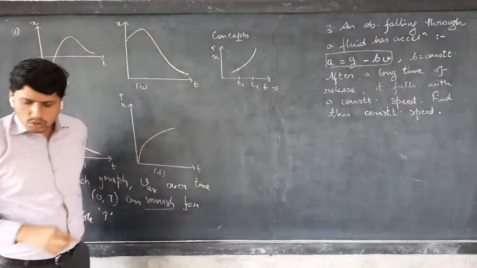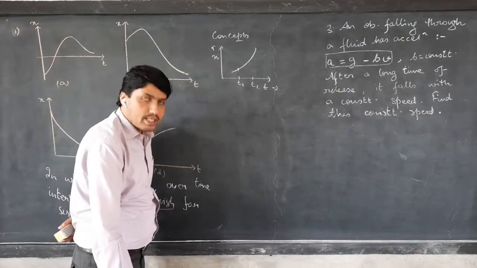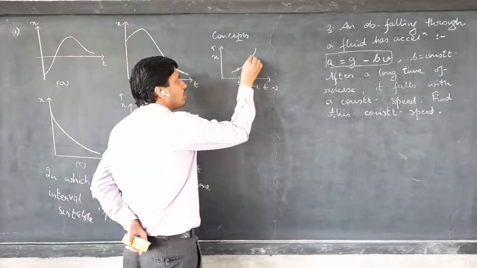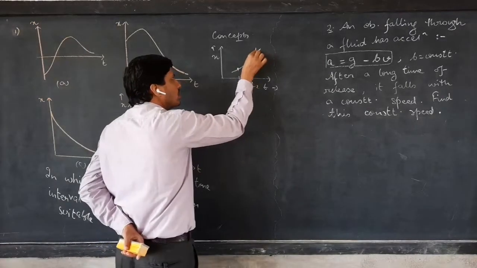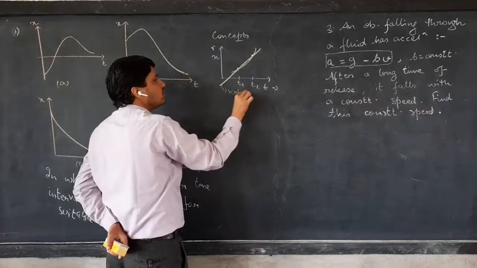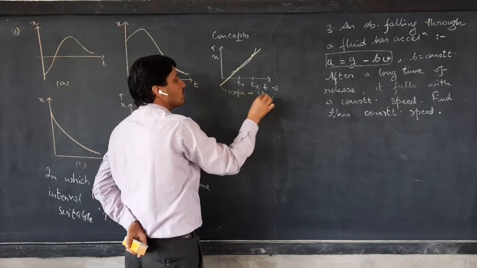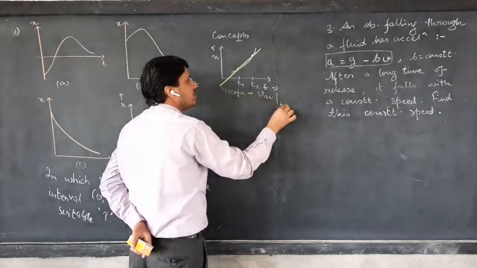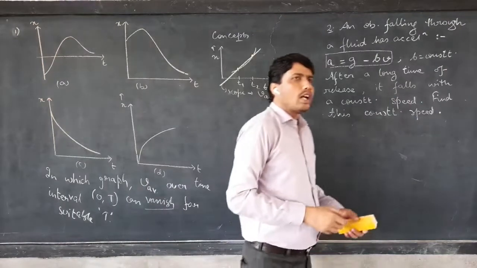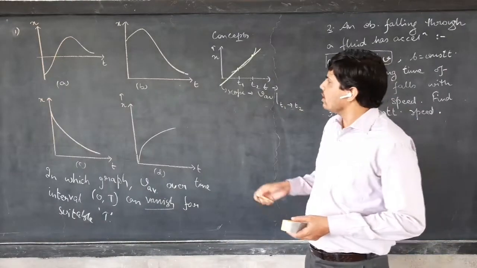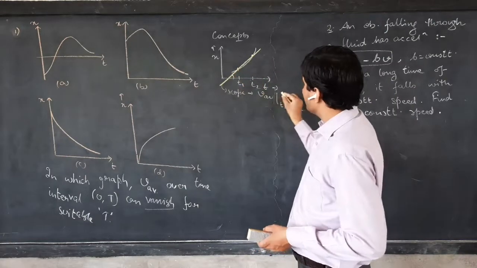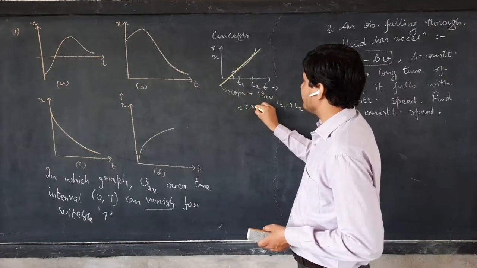So between t1 and t2, if we have to find the average velocity, you find the corresponding points on the graph, join them by a straight line and find its slope. This slope will give you the average velocity during the interval t1 to t2. This is the concept. And how do we find the slope? Slope is tan of the angle which that straight line would make with the time axis. So this becomes equal to tan alpha.